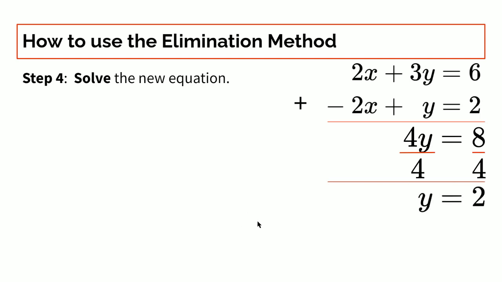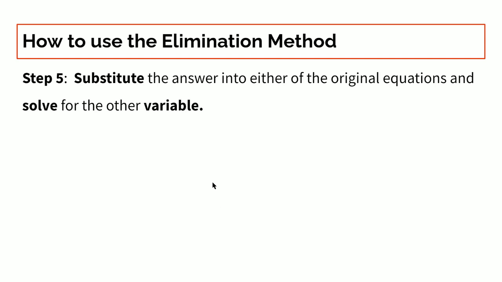We now know that those two equations, if I were to plot them, cross at a height of 2. Now we need the x value to go with that y value. To get that, we need to substitute the answer we just found into either one of the original equations and solve for the missing variable.